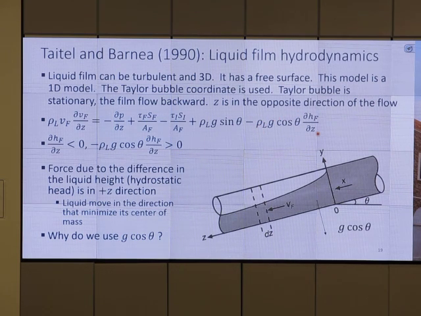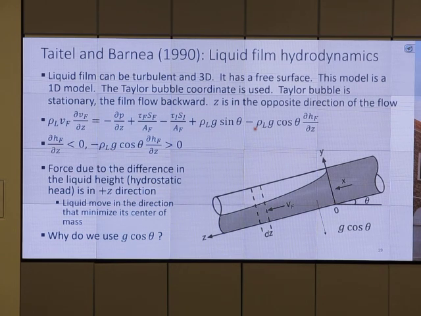You see the last one, the additional gravitational term, rho g cosine theta, for the change of the film height. Do I have the proof whether this should be negative or positive? No. I just copied it and put it in here. You just need to see how the result looks. Don't believe it yet. Let's see the result.